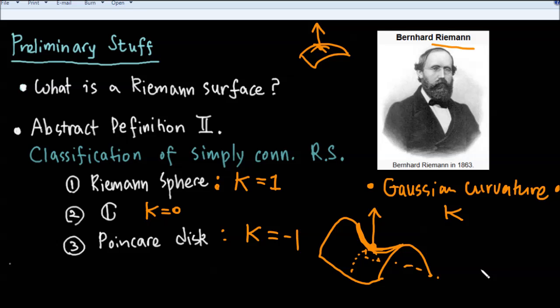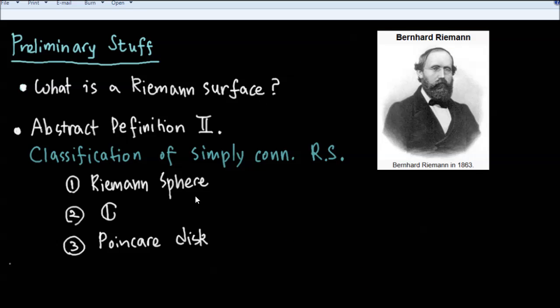The following is called the Riemannian mapping theorem, or in general, the uniformization theorem. Okay, I deleted the whole thing. Let me say that again. If I have a simply connected Riemann surface, it's not going to have several genus, it's going to be just simply connected, genus 0, that must be the case.